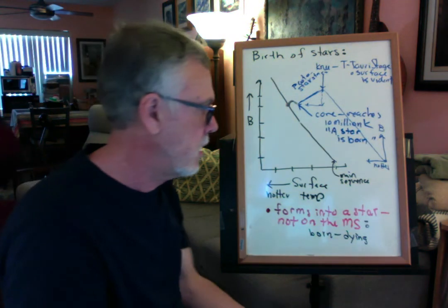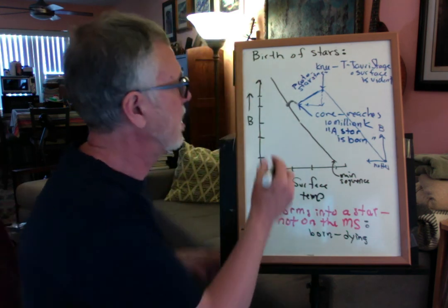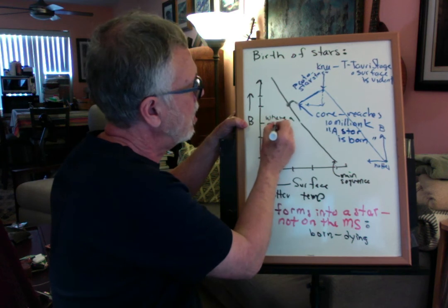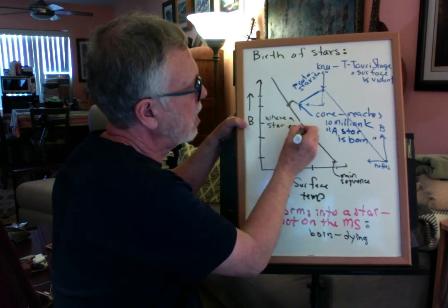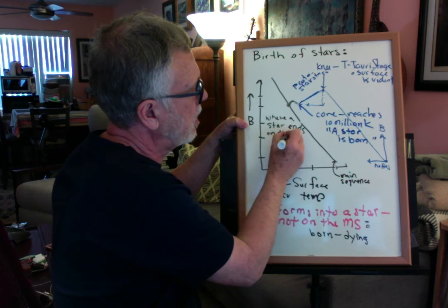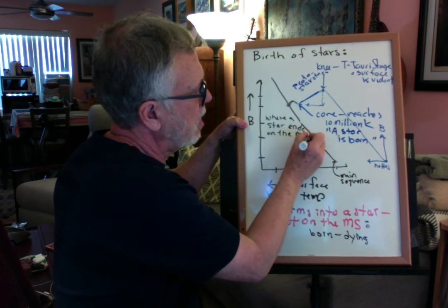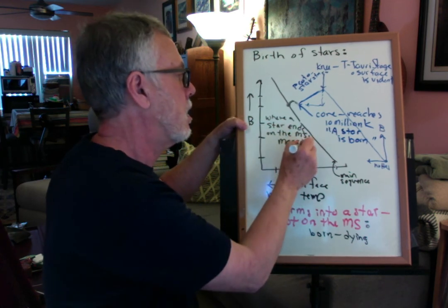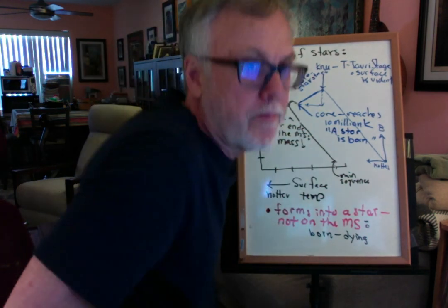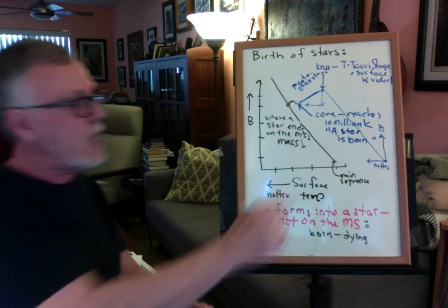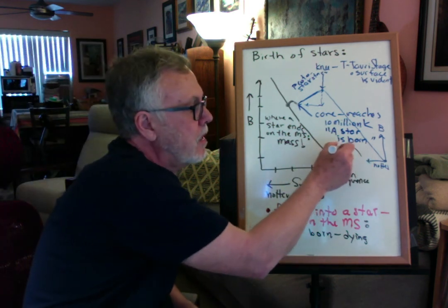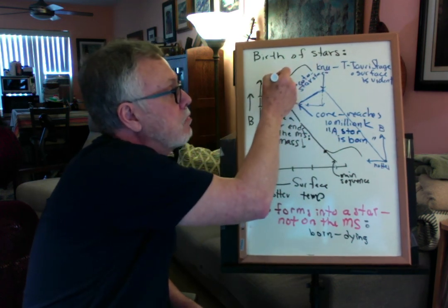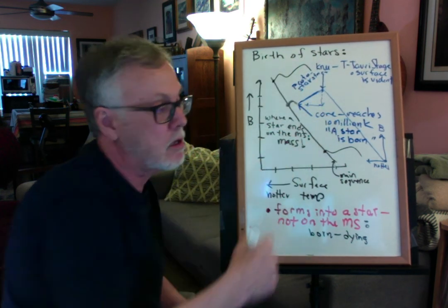And where a star ends on the main sequence is the mass. It's all to do with mass. A small star will come up and end down here. A large star will come down, end right there. A medium-sized star like ours will end there.